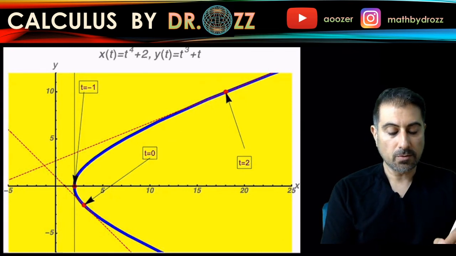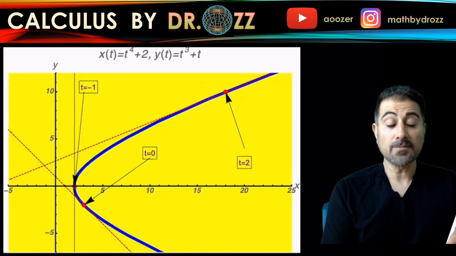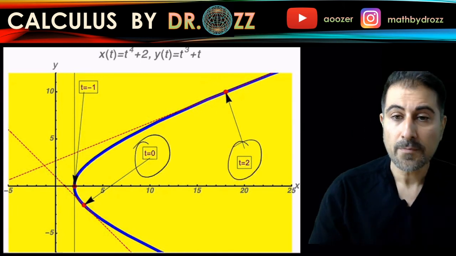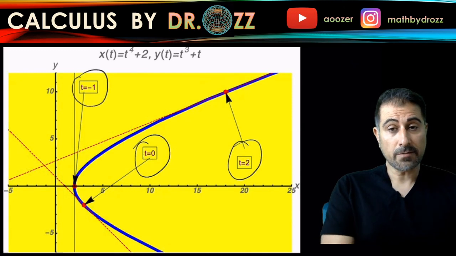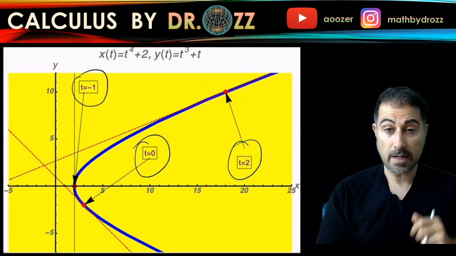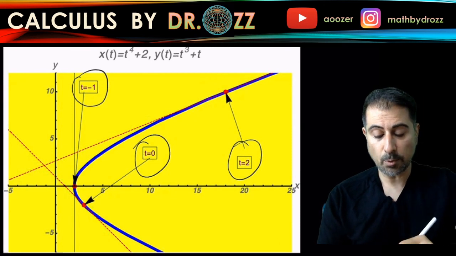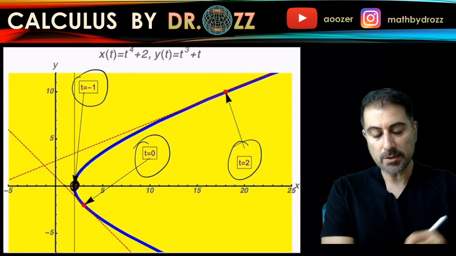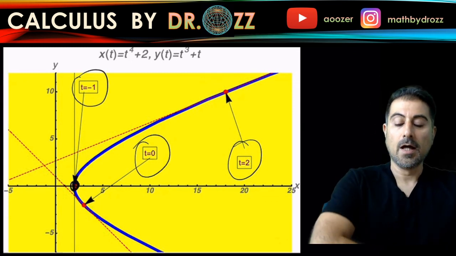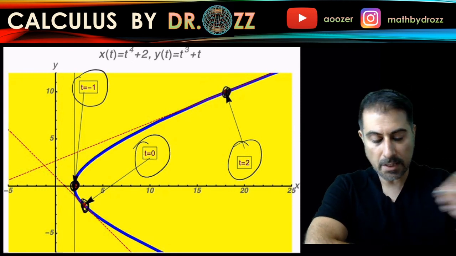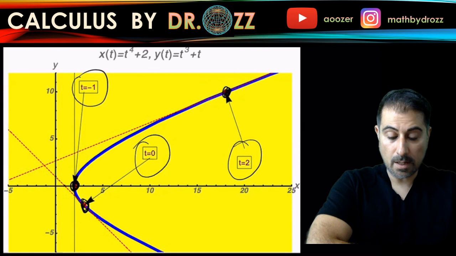Another one is for t equals 2, and also t equals -1. And at t equals -1, we had a vertical tangent line, and that's the proof of that. We have, in fact, the vertical tangent line at this point here. And at t equals 2 and at t equals 0, we have those points here, and you have obviously positive and negative slopes, and that's exactly what we got in our analysis here.